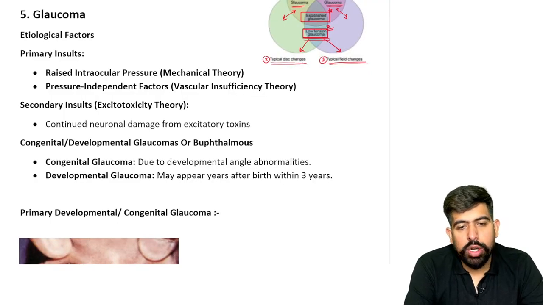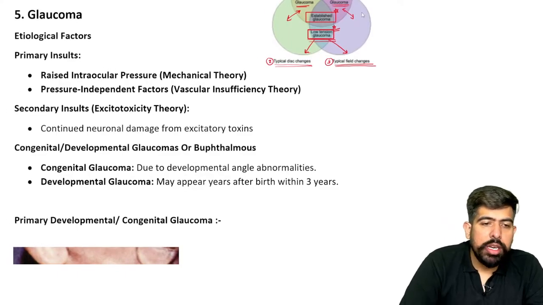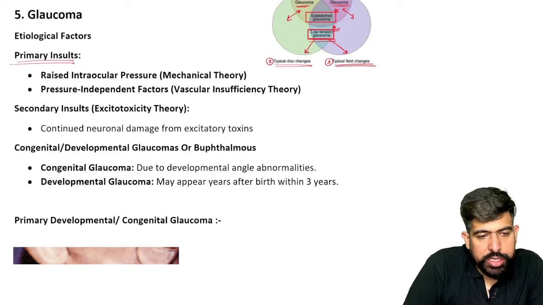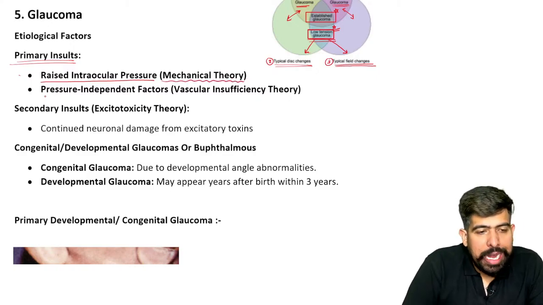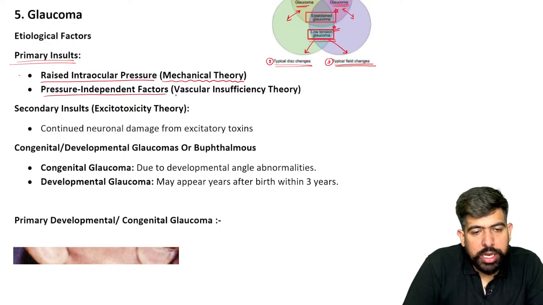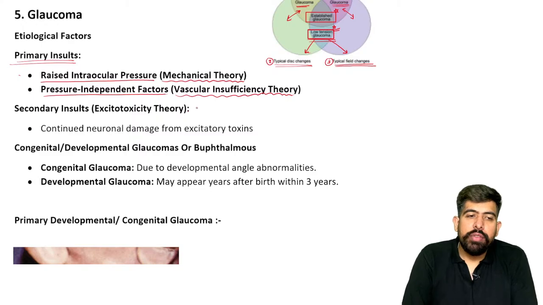The raised intraocular pressure is the mechanical theory, and the pressure independent factor is the vascular insufficiency theory. These are the two theories from the primary factors.